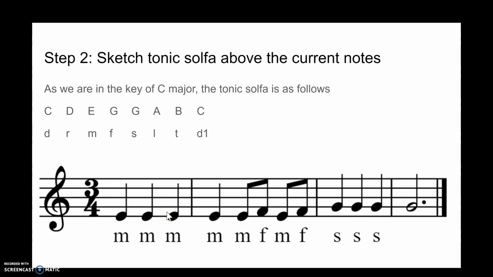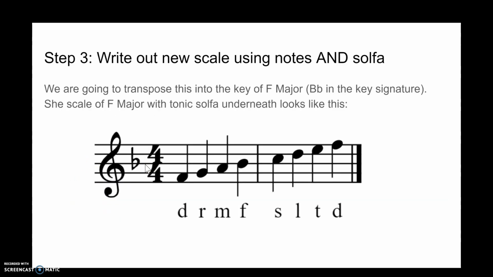And no matter what key we transpose it to, this is where the tonic solfa is important. No matter what key we move that into, the first bar will be 3 crotchets of mi, the third note in whatever key we're moving to. Note the time signature as well, 3/4. Most of what we do is in 4/4.